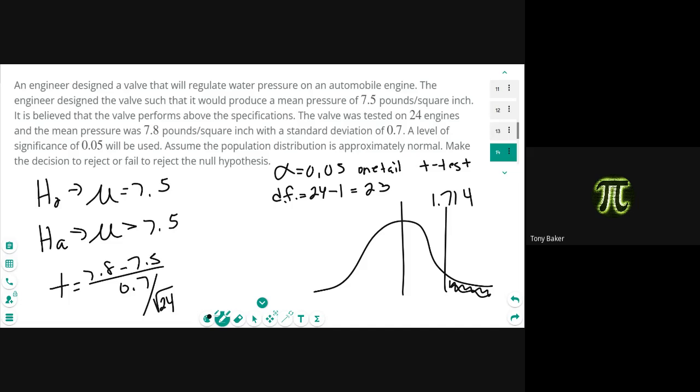Remember, the formula is basically the same for those two. And I get 2.10.